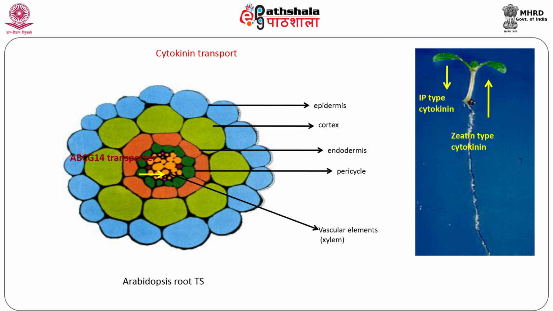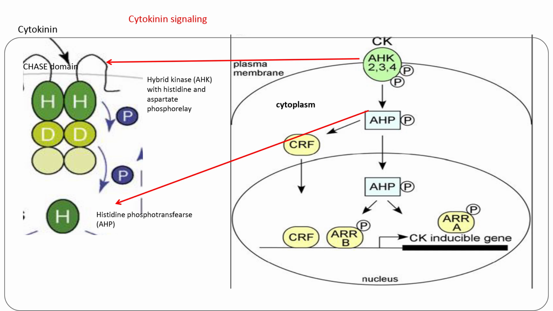Cytokinin signaling. At the site of action, cytokinins are perceived by transmembrane proteins that have a CHASE domain on the outer side and a kinase domain on the cytosolic side. Cytokinins bind to the CHASE domain, and this activates the histidine kinase that autophosphorylates the protein.